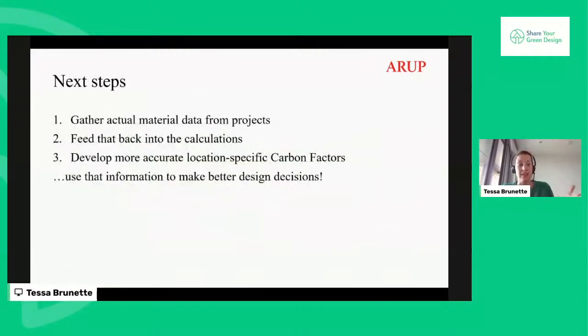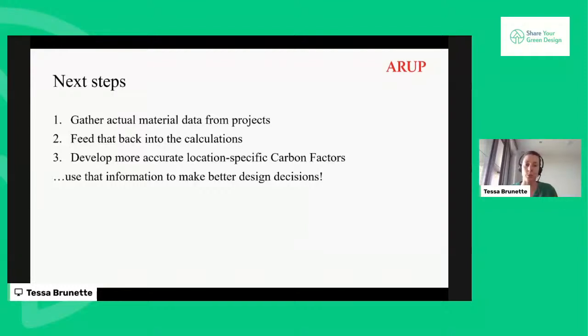So what that means for us as an industry, and also for us as ARUP, is that what we're doing, as I mentioned before, is gathering the actual data from real life projects, because that's when our structural engineers and architects are most empowered to be having a chat with the various suppliers and a chat with the builder, and having all of those conversations during the construction process, and getting honest answers about where the materials come from, where they're going to, how they're processed, and how much energy is used in that.